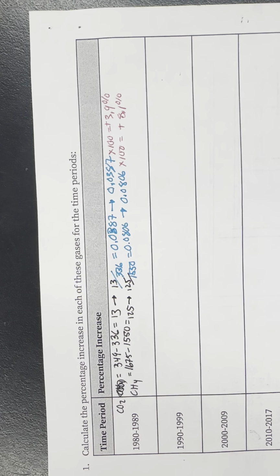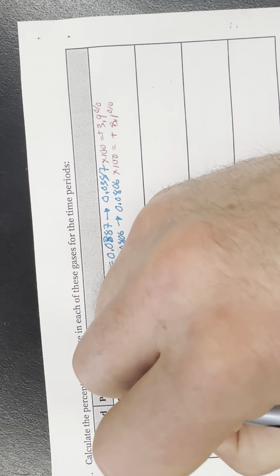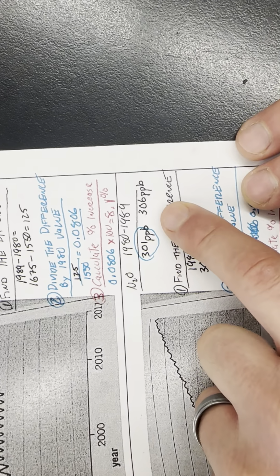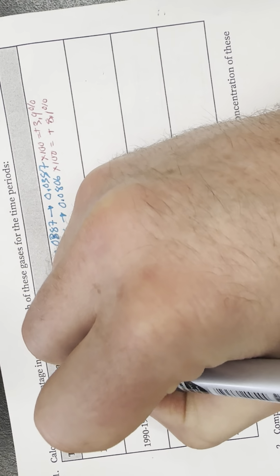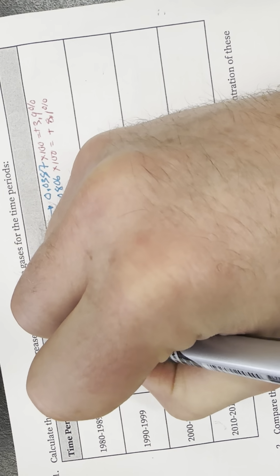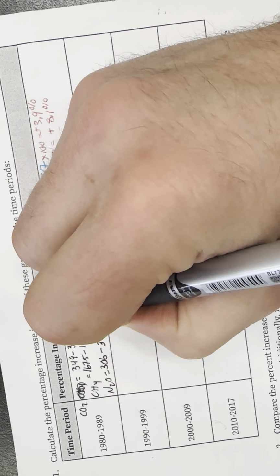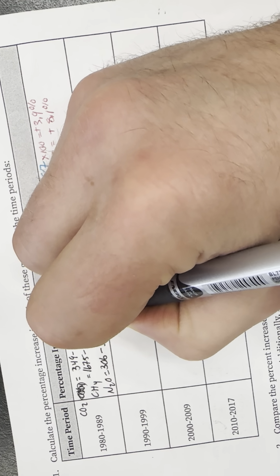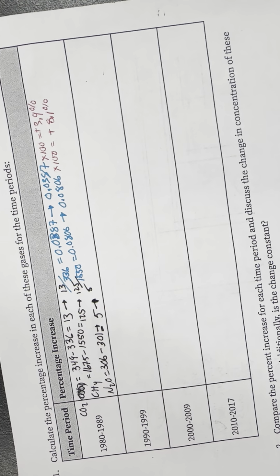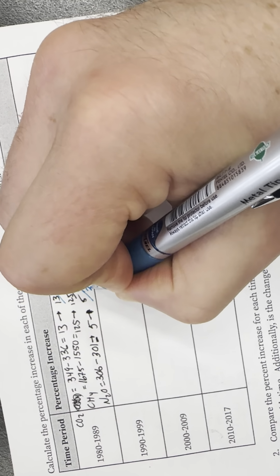8.1%. And then lastly, for N2O, nitrous oxide, we would take our values that we found, which is 306 minus 301, which we said was 5. We would then take 5 divided by 301.